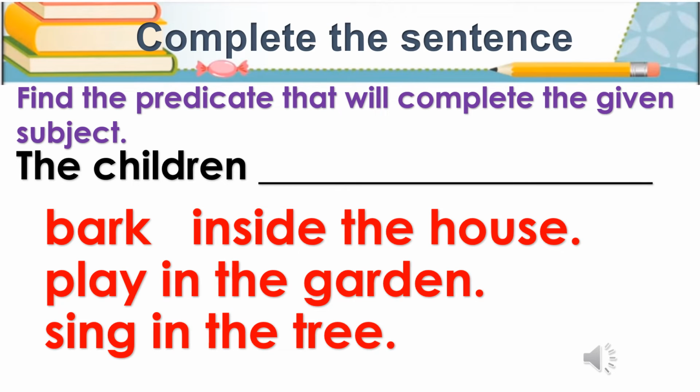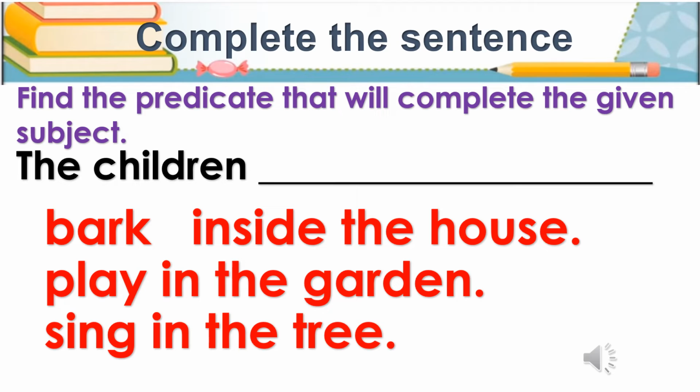So let's have an activity or exercise. Find a predicate that will complete the given subject. The children blank. Is it bark inside the house? Bumatok sa loob ng bahay? Play in the garden, naglaro sa garden, sing in the tree.